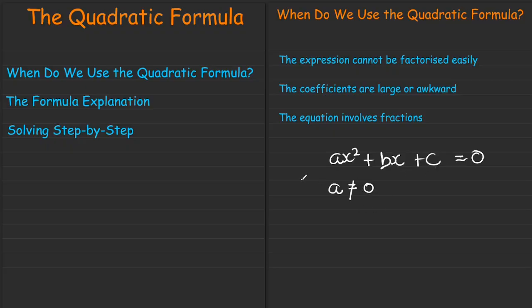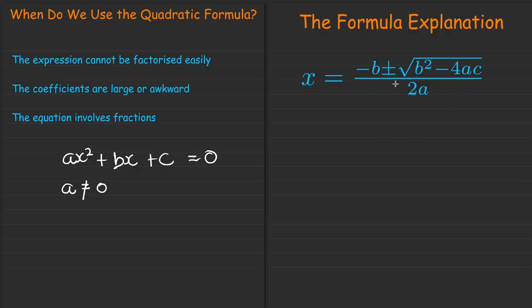With your equation written in this form, this is the formula, and we read it as x equals, so you have your numerator and your denominator. The numerator is negative b plus or minus the square root of b squared minus 4ac, all over 2a.